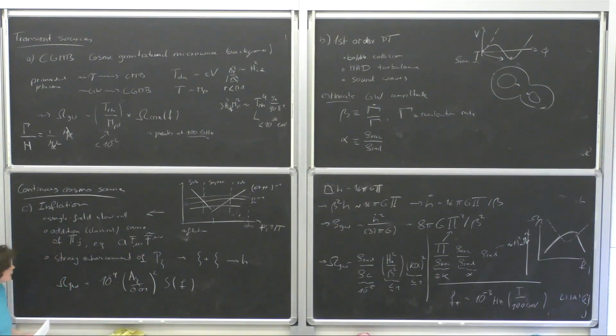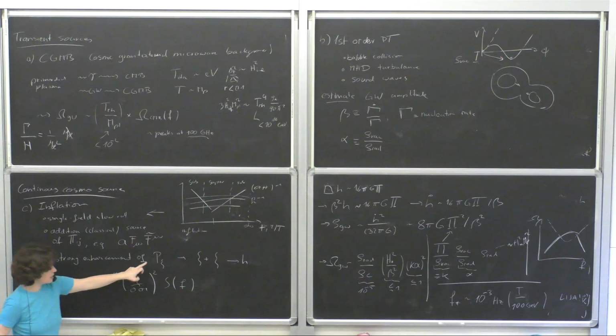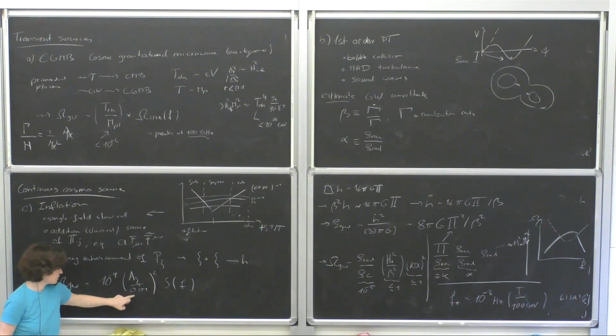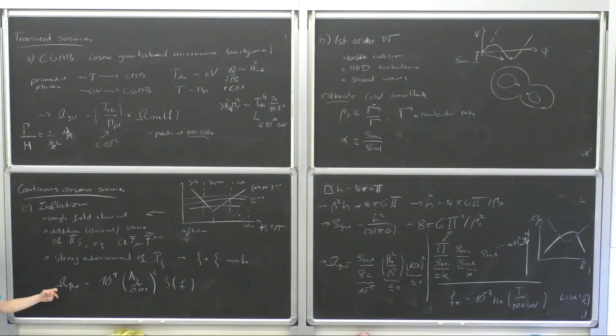Okay, so if you manage to blow up your scalar power spectrum to the point where you start producing primordial black holes, which is about this threshold value, then you expect a gravitational wave amplitude of 10 to minus 9, which is, interestingly, pretty much where NANOGrav is seeing something. Now, we'll talk about NANOGrav tomorrow, or pulsar timing arrays, and there are much easier ways to explain what they see.